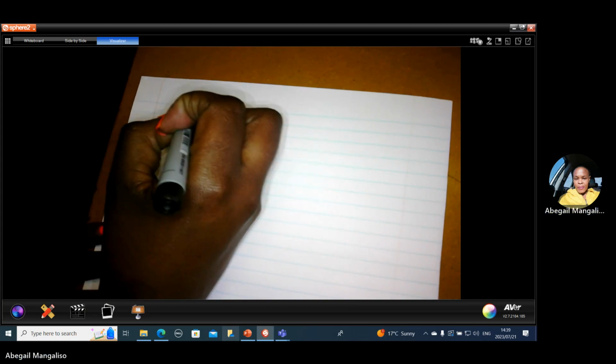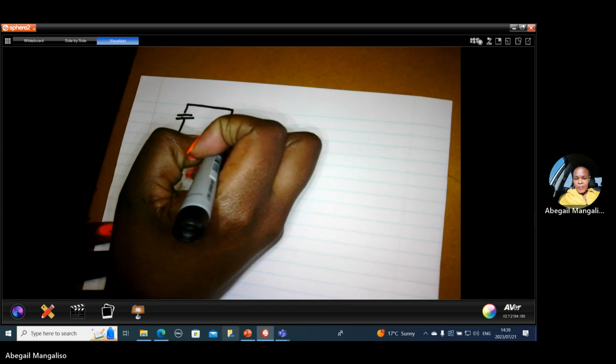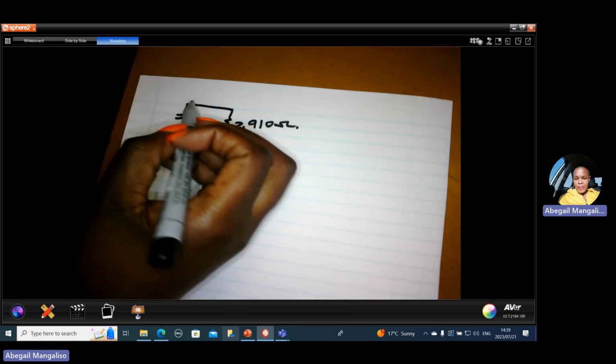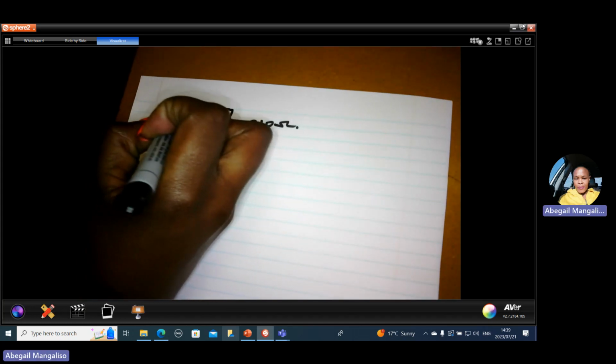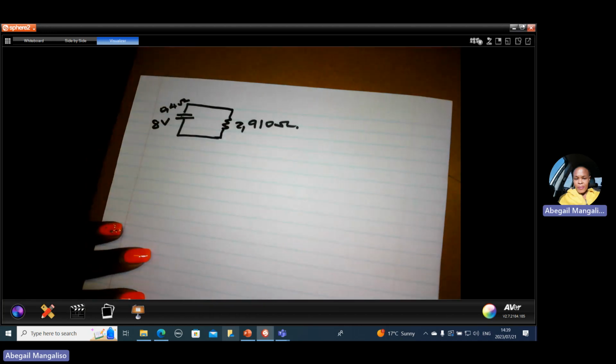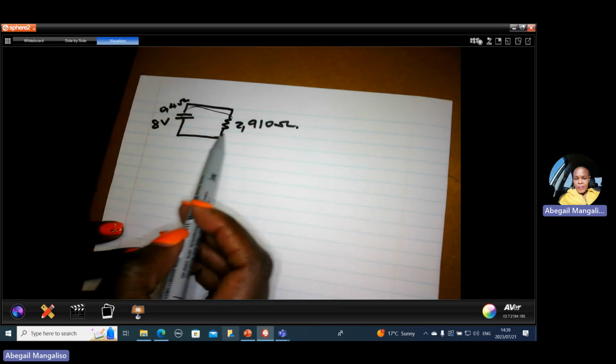This is the battery, 2.910 ohms, 0.4 of the internal resistor, and 8 volts of the EMF. Now this is the series circuit.